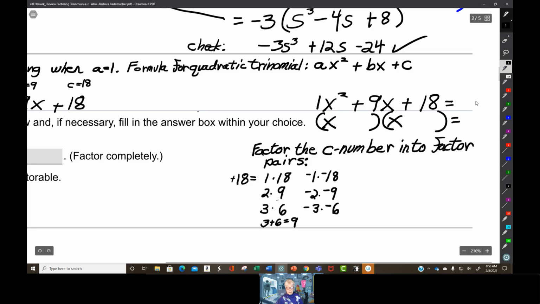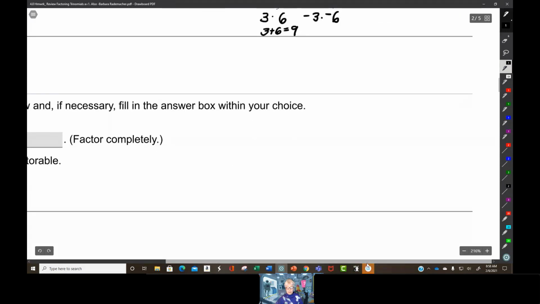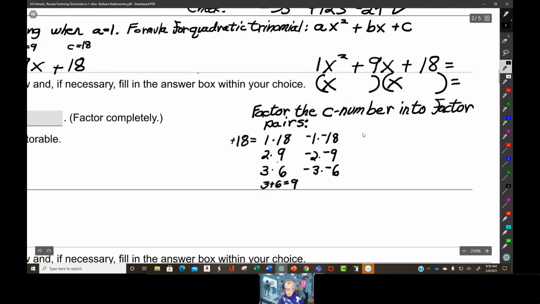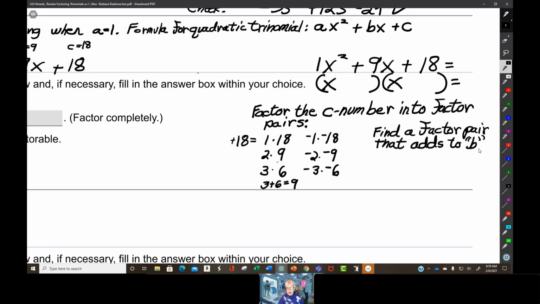So what we do next is find a factor pair that adds up to the B number, which in this case is 9.